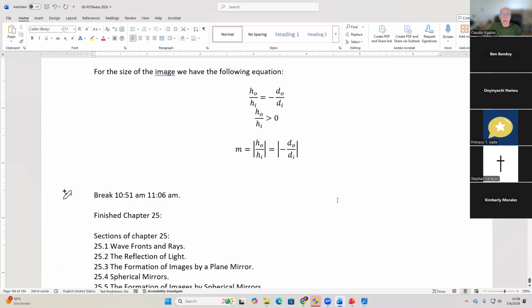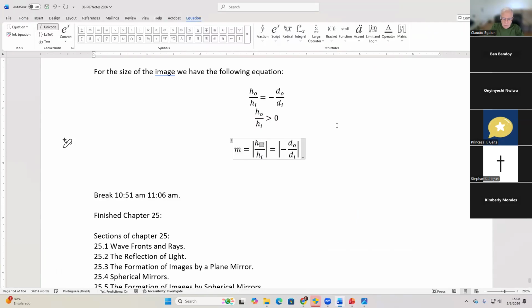Okay, that's what the magnification is all about. Wait a minute. No, it's the inverse. The magnification is the inverse of these equations. The magnification is measured with respect to the object, right? If the image is larger or smaller than the object, that's what the magnification is all about.